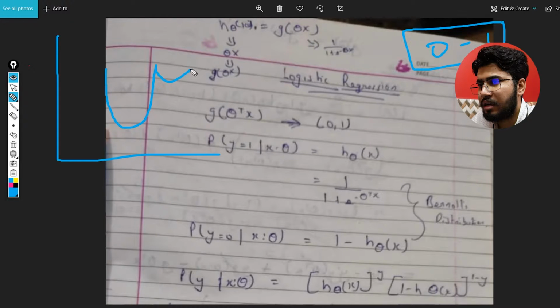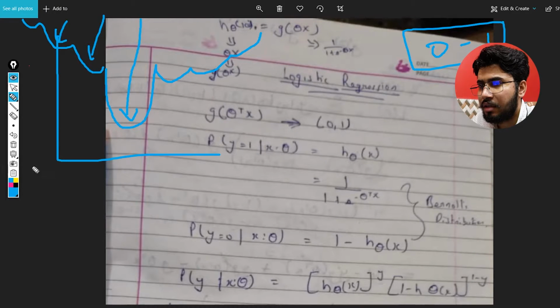It is going to generate a graph like this. It can be anything. So there will be basically multiple minima, and what we want to achieve is this global minima.